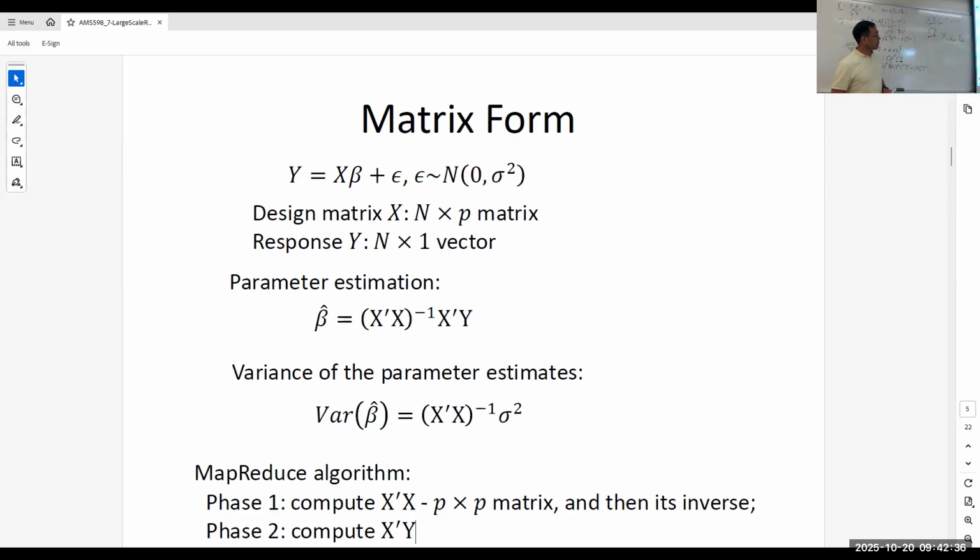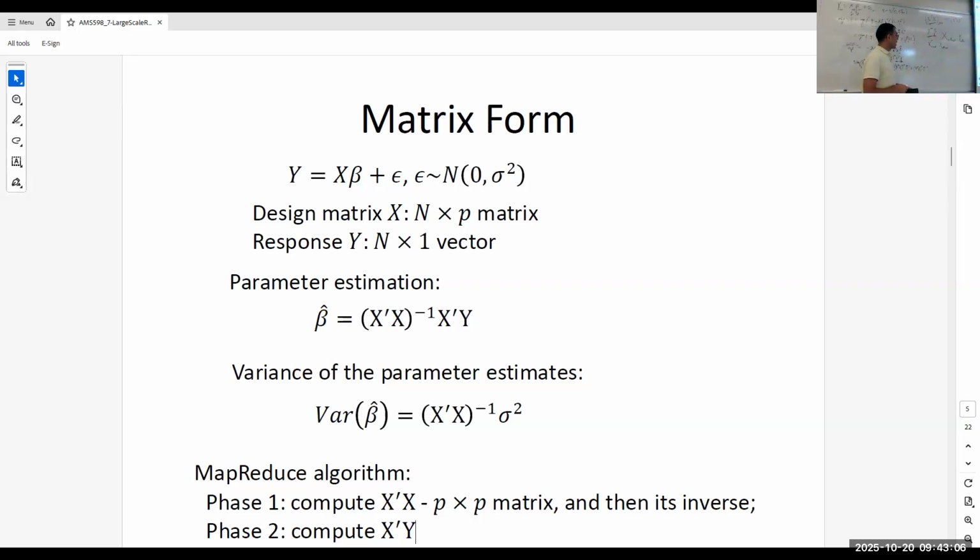The way to do it is essentially a technique called divide and conquer. We have a big matrix multiplication, X transpose multiplied by this guy, which is 10 to the 8 by 10 to the 2.